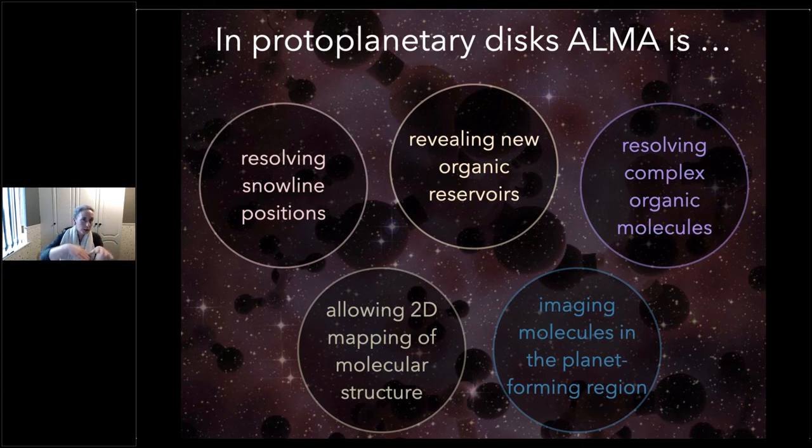For some of the CO lines, it's not affected by dust opacity because their emitting layers, we can show, are much higher up in the disk than where the millimeter dust is coming from. But for some of the other molecular tracers, yes, we do have that issue. So it depends on the molecule and where its emitting height is relative to the dust emitting height.